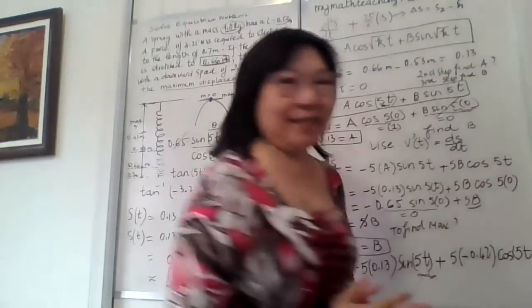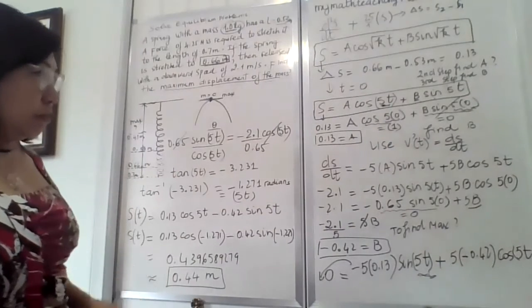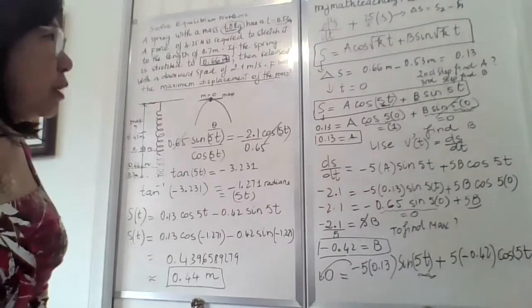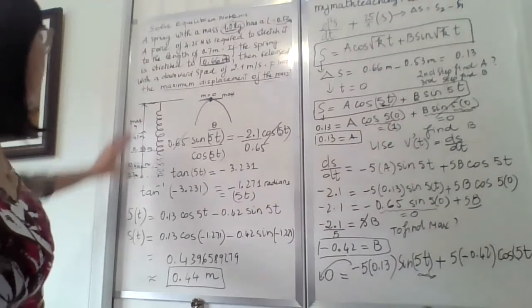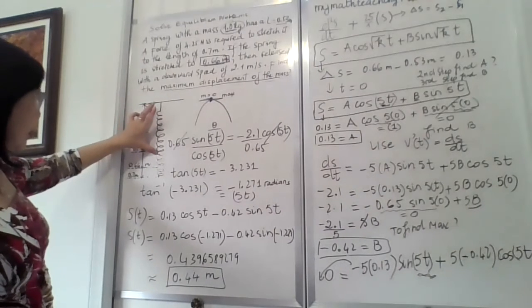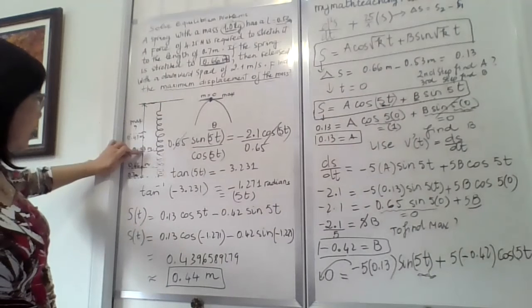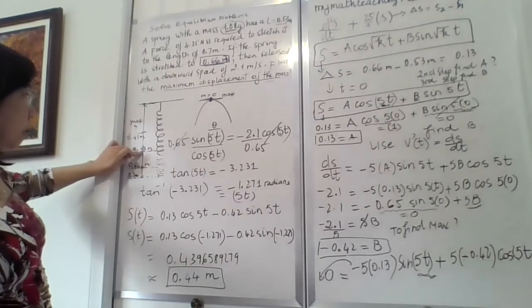Because this is a complicated problem, I'm going to summarize for you a little bit. First, we have a scenario of the spring, and the natural length of the spring is from here to here, 0.53 meter.